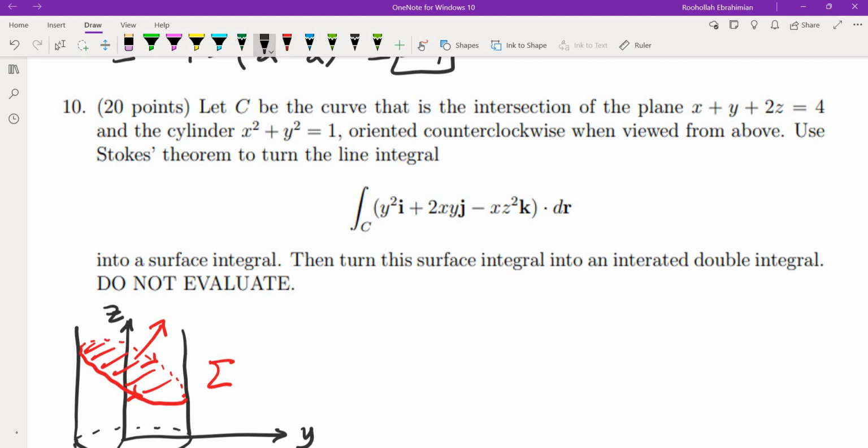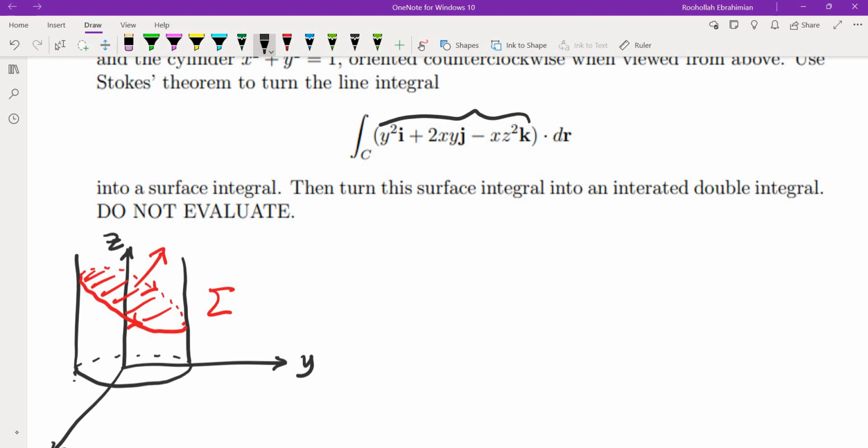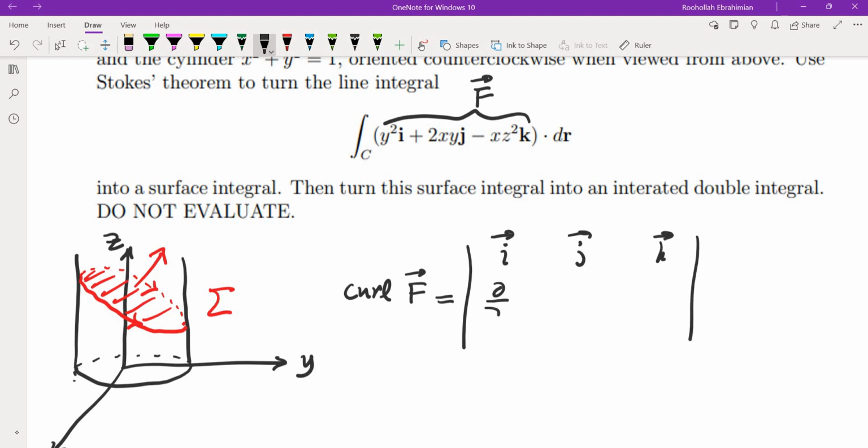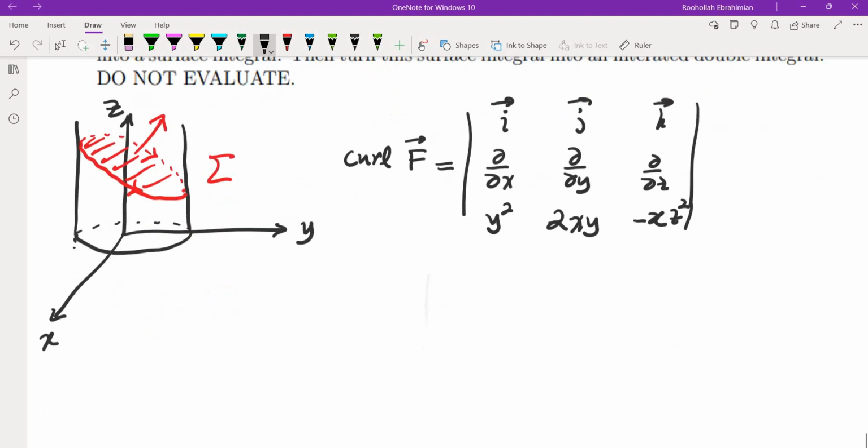So that's our sigma. Now we'll take the vector field and find the curl of that vector field, and then we parametrize our surface, and then we use the Stokes theorem. So curl of f would be the determinant with i, j, k, the partials, and y squared, 2xy, minus xz squared, which is what they gave us.